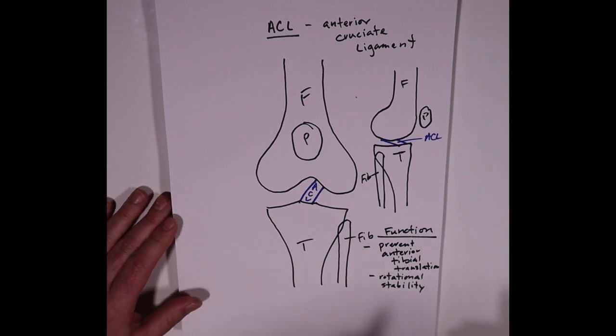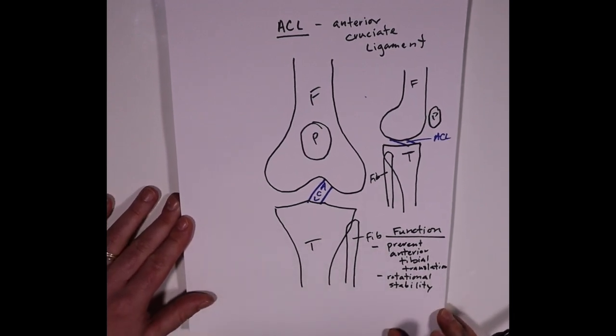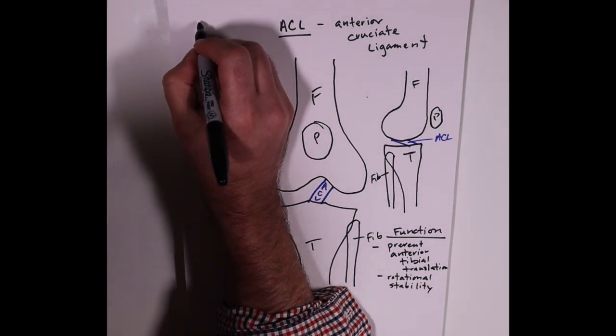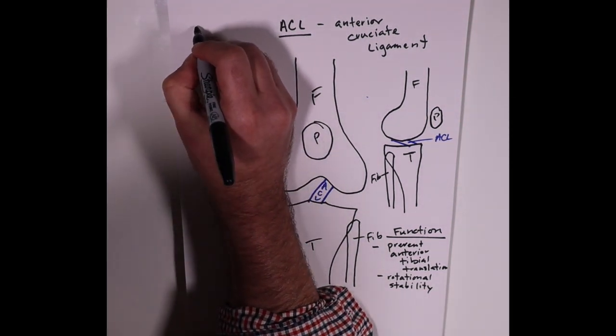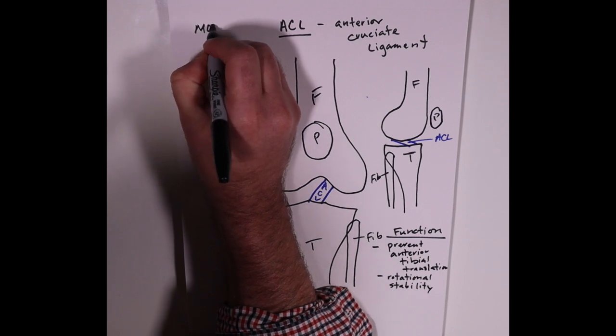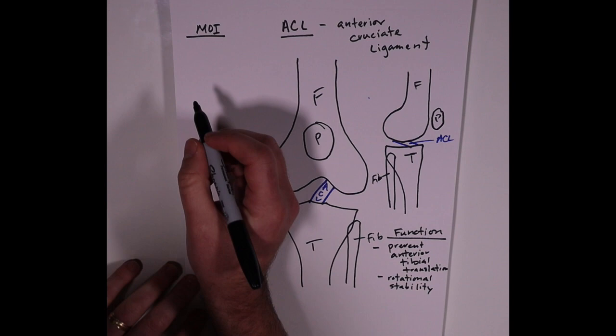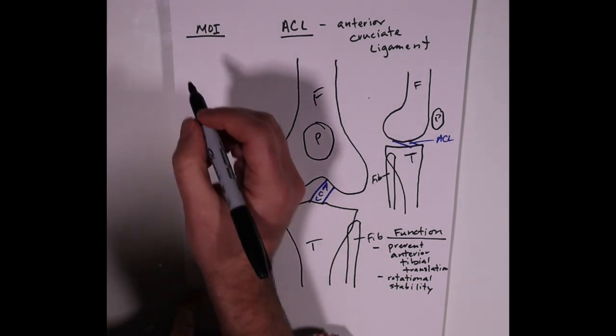So once you know the function of the ACL and the anatomy, you can better understand the injury of the ACL, or the mechanisms of injury. So what are the mechanisms?